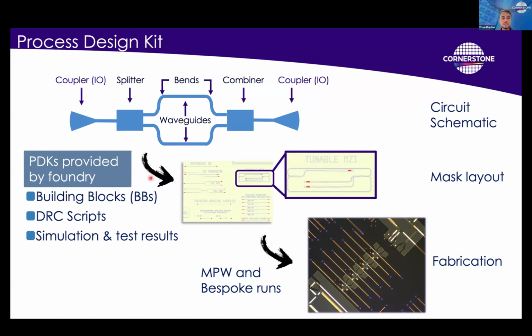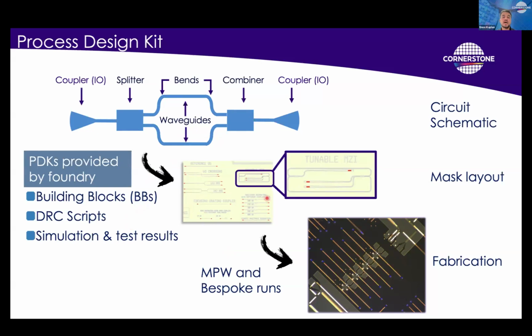They are called building blocks, which you can use and connect to create complex circuitry. So typically you find these fundamental blocks, design rule check scripts, and the simulation and test results as a compact package provided by the foundry.